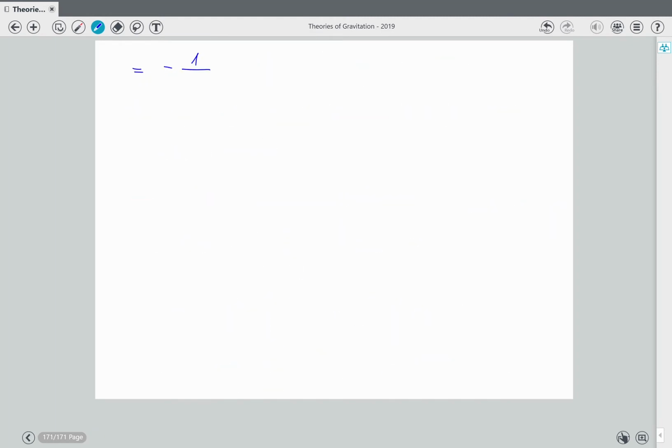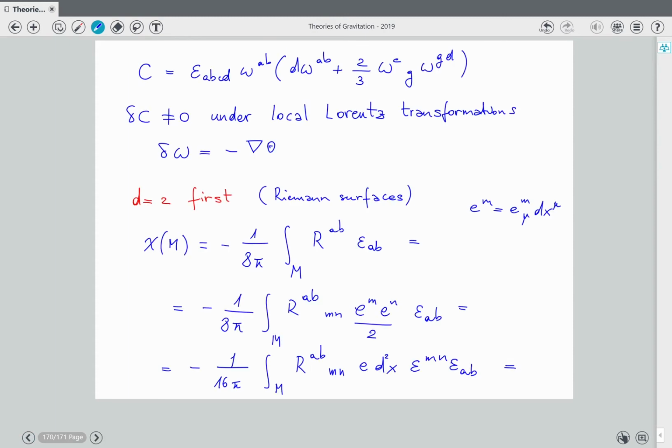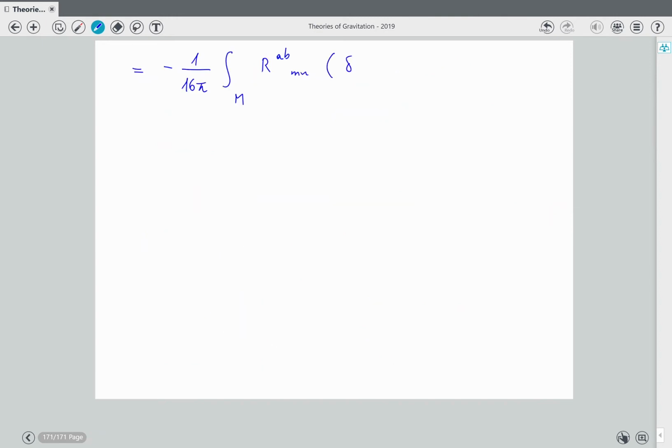Minus 1 divided by 16 pi, R^{AB}_{MN} and then you have delta^M_A delta^N_B minus delta^M_B delta^N_A.